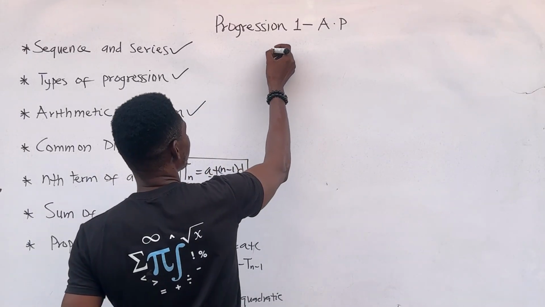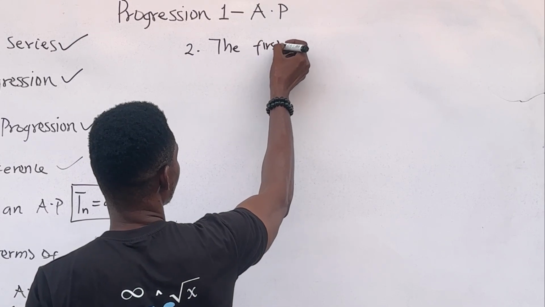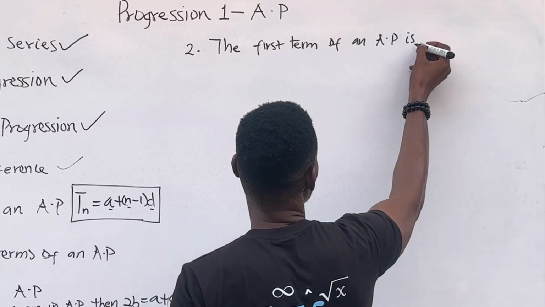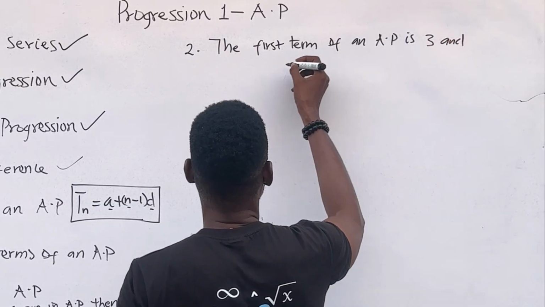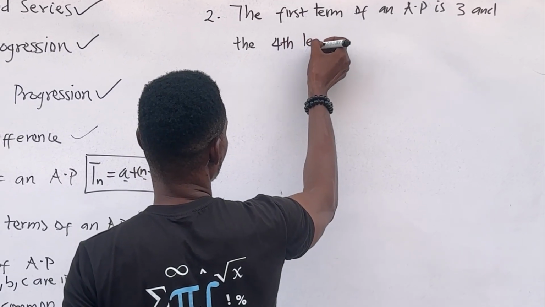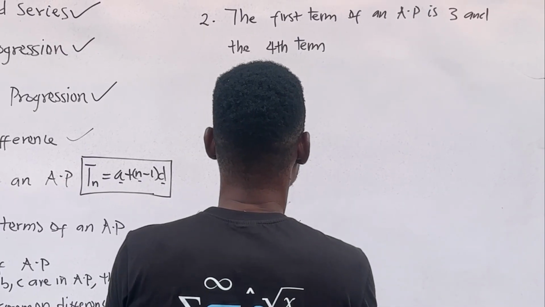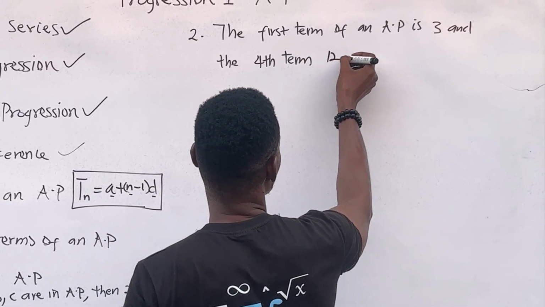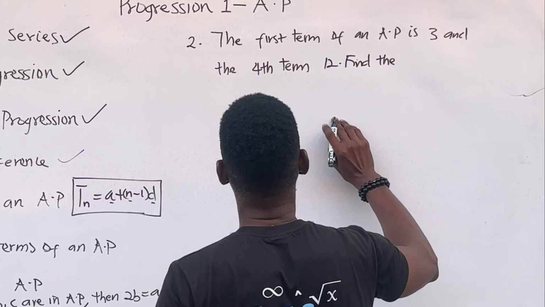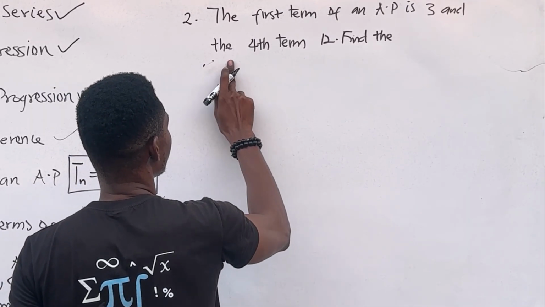So example 2, the first term of an AP is 3 and the fourth term is 12.